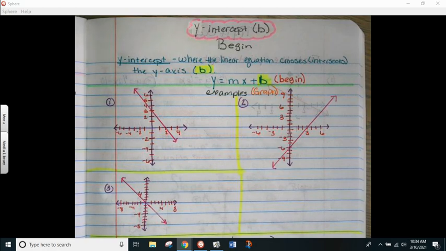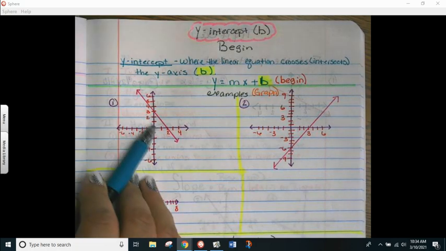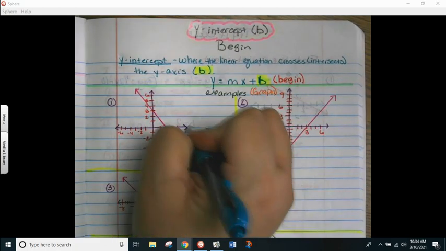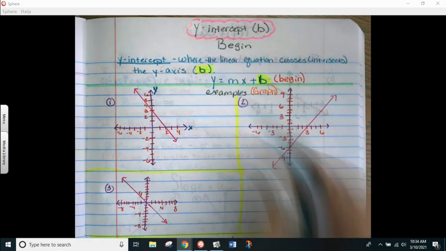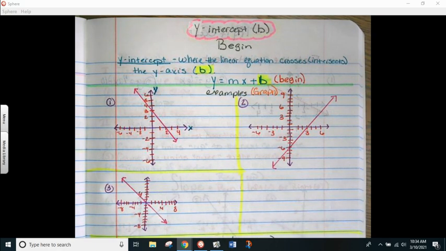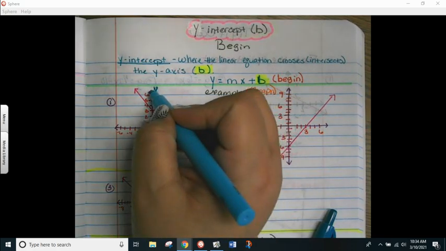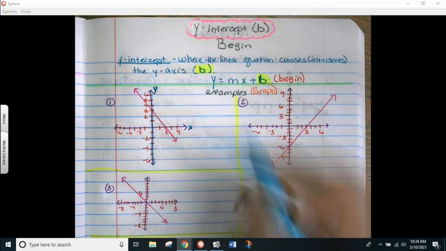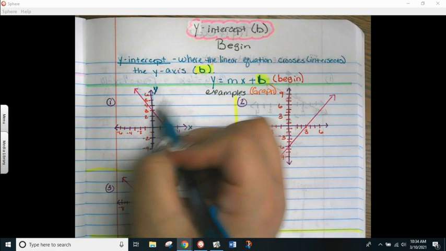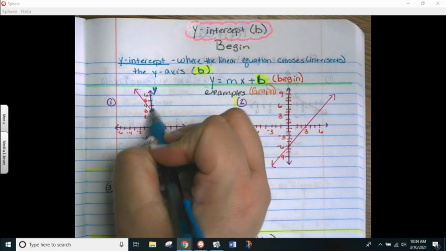So if you look at it here, here's my linear equation. Here is the x-axis. Here is the y-axis. So to find your y-intercept, it's where that line intersects the y-axis. So here's my y right here. And if you look at it, it crosses right here at the 3.